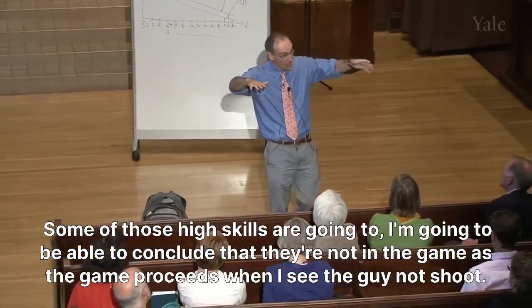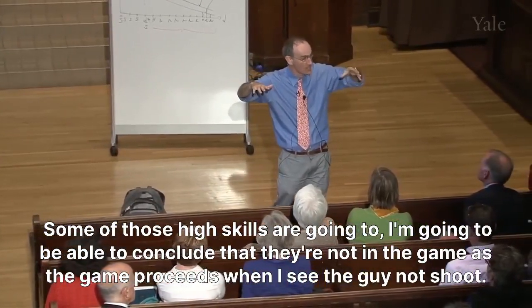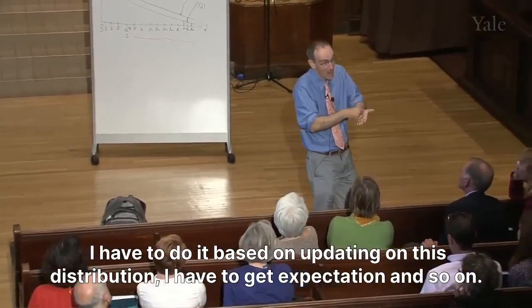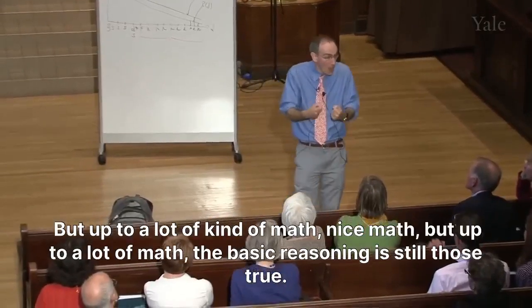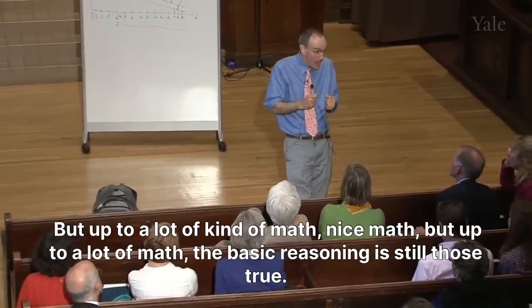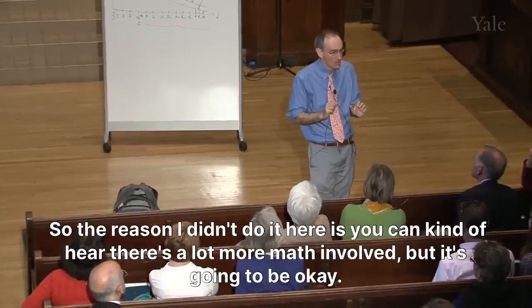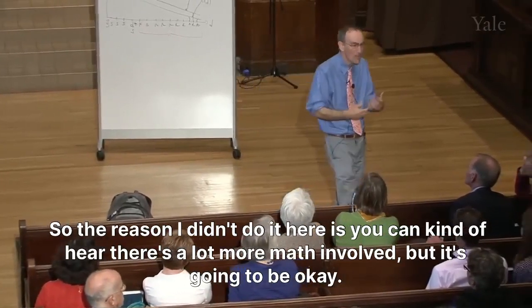Some of those high skills I'm going to be able to conclude are not in the game as it proceeds, when I see the guy not shoot. So I have to keep track of all that. I have to do Bayesian updating on this distribution, take expectation, and so on. It's a lot of nice math, but the basic reasoning still goes through. The reason I didn't do it here is there's a lot more math involved, but it's going to be okay.